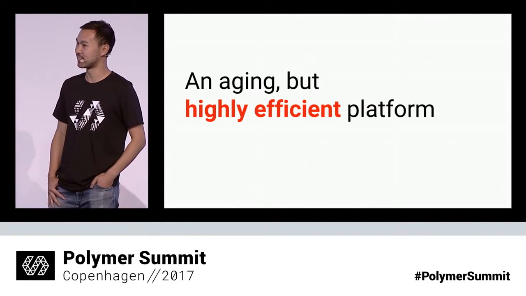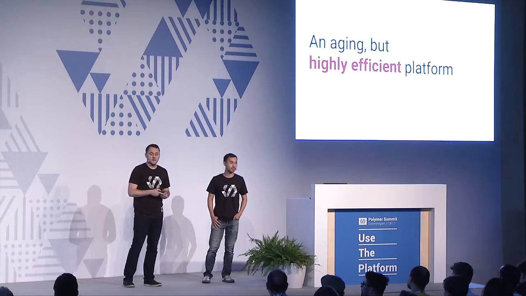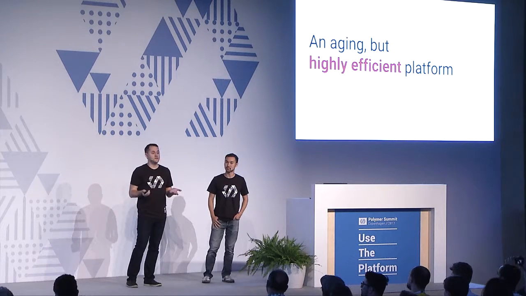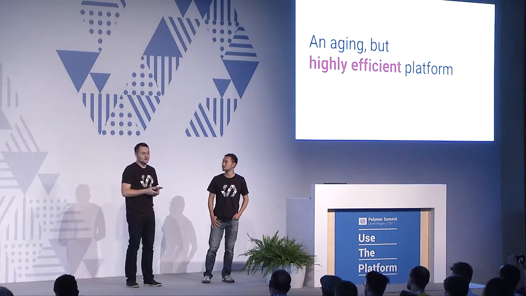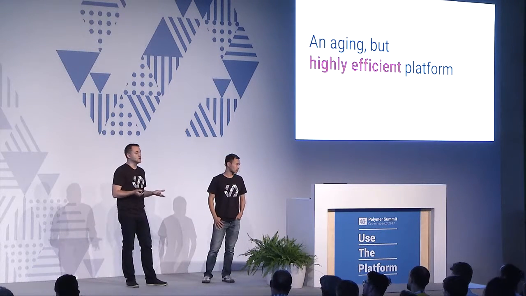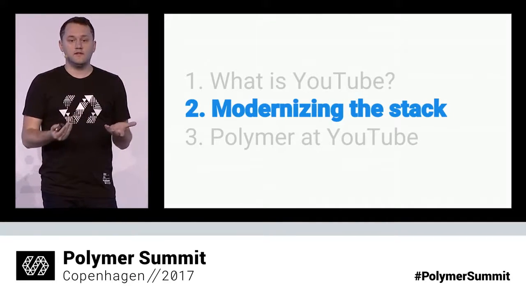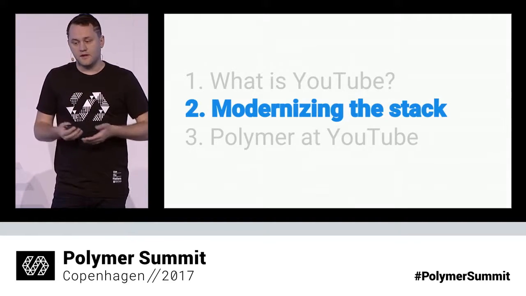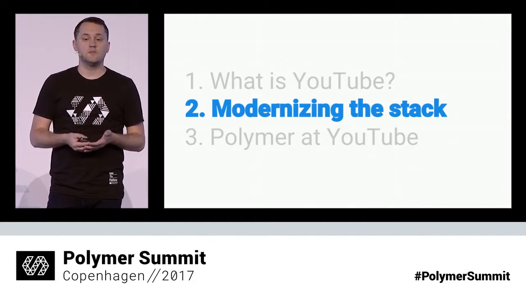So the thing is, when you spend 12 years working on something, you end up optimizing that product. And despite having this very large code base, despite working on it for so long, it is a very highly efficient platform because a lot of clever engineers spend their time working on it. Yet, we realized that this platform has limitations, and at some point, these limitations became too obvious for us.